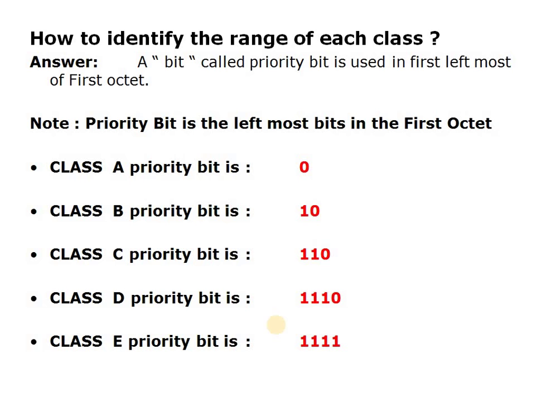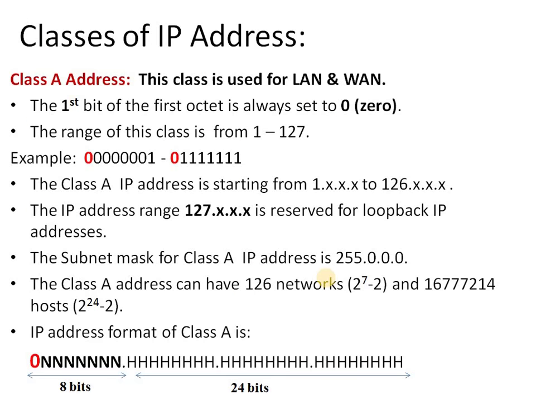Class A contains 0 as the first bit, which is fixed and cannot be changed. If the first digit is 0, it is class A. If the first bits are 10, it is class B, and for class C it is 110. By the leftmost bits, we are able to recognize all types of IP address classes.